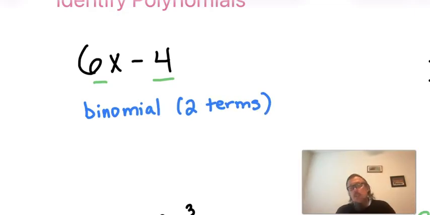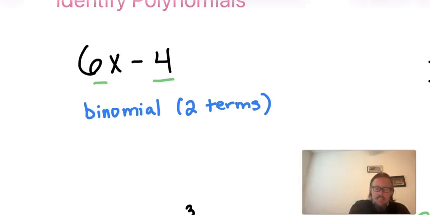And now the question is, what is the degree of this binomial? Since we have two terms, we need to know what is the sum of the exponents on the variables in each term. Now I keep emphasizing the variables because the constants, of course, are always going to have an exponent of 1, so we don't really count the constants, we just look at the variables. So 6x has a variable of x, which has this little invisible exponent of 1.